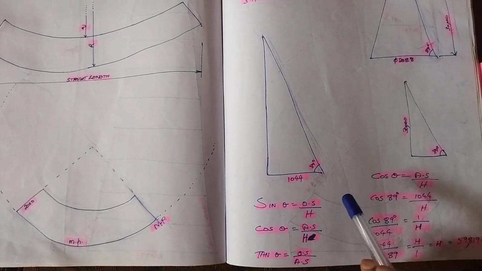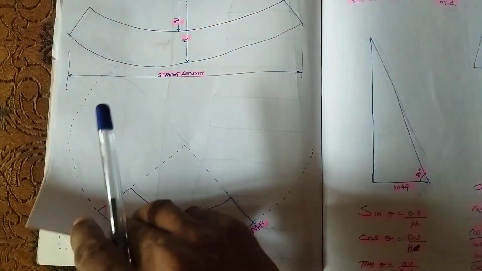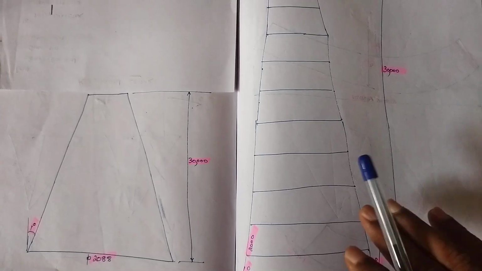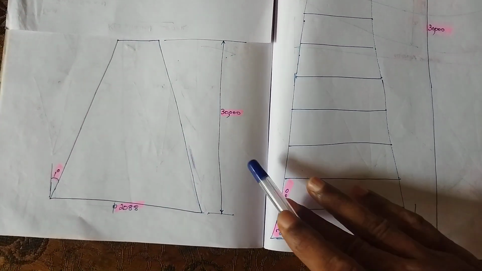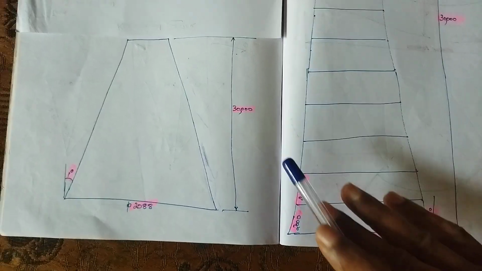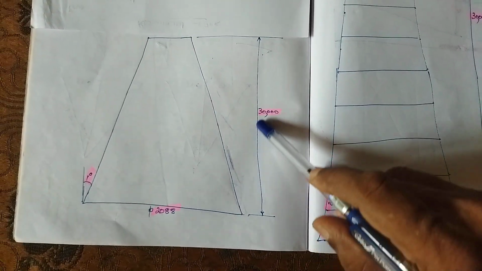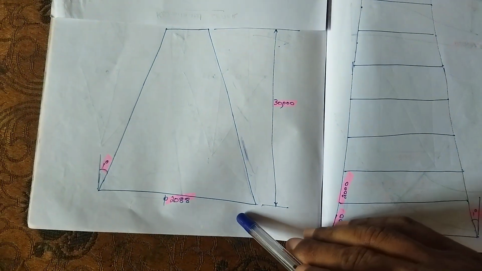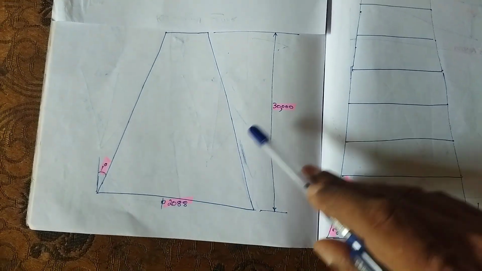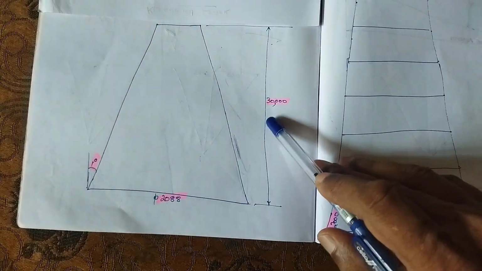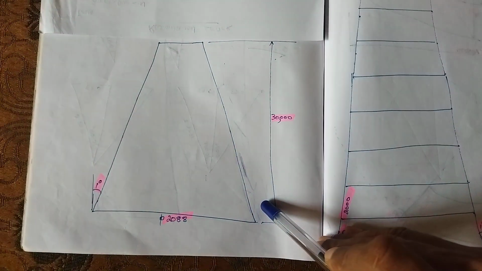This one also I had told you in the last episode. I told you I will just indicate the height of the cone and the bottom diameter. These two measurements we have. I just made a hand sketch.